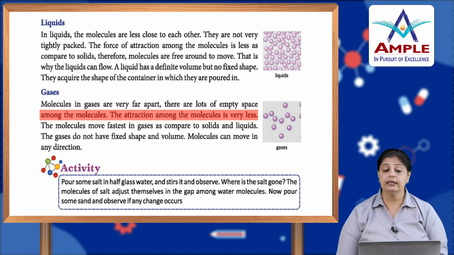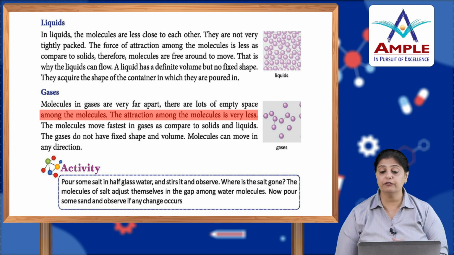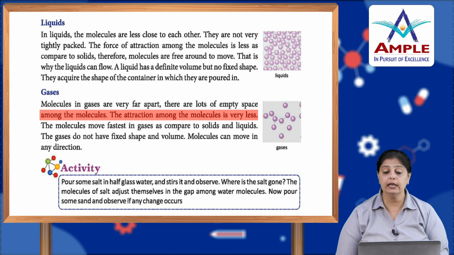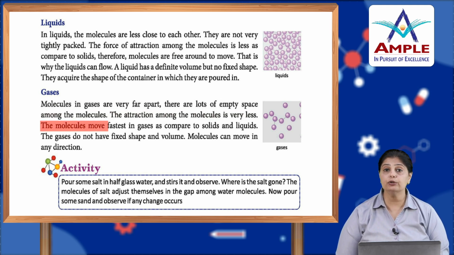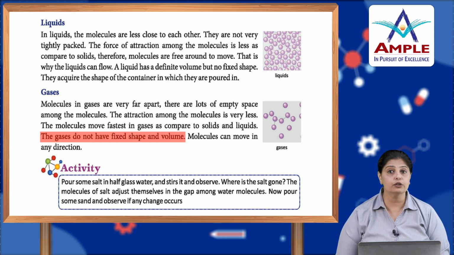In liquids, it is free flowing, whereas in gases it is totally all over the place. The molecules move fastest in gases as compared to solids and liquids. Gases do not have a fixed shape, and they also do not have a fixed volume.